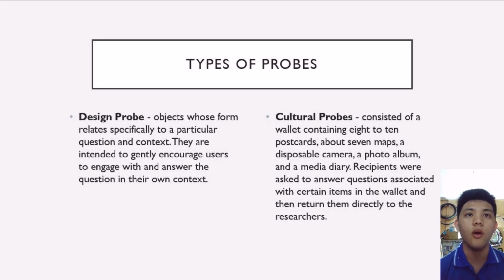It consists of a wallet containing 8 to 10 postcards, about 7 maps, a disposable camera, a photo album, and a media diary. Recipients were asked to answer questions associated with certain items in the wallet, and then return them directly to the researchers. The two other probes will be handled by Nathaniel Baliwag.